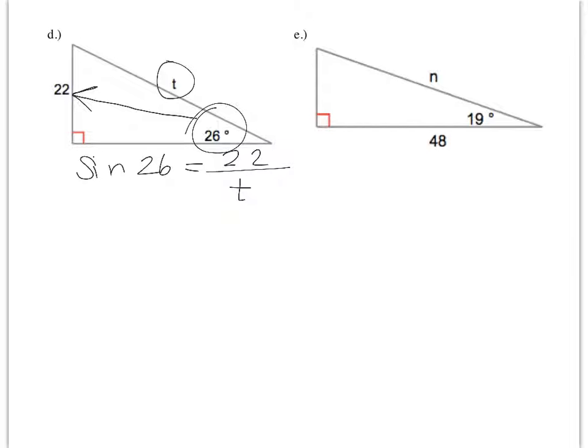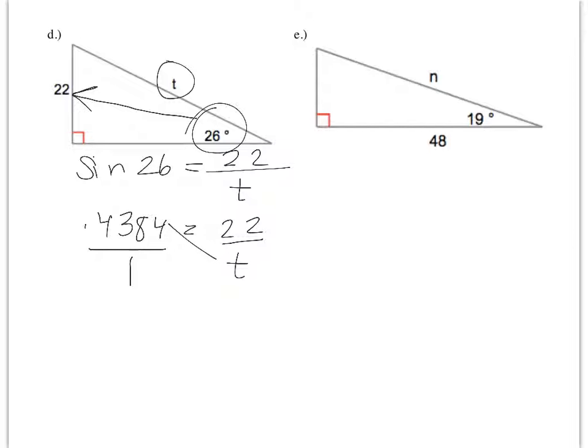Again, we need to go to our calculator or Desmos and type in the sine of 26 degrees, and that is 0.4384. And since our variable is in the denominator, we have a couple of options of how we want to approach this. I think the easiest way is to treat it like a proportion and put the ratio over 1, and then just cross multiply.